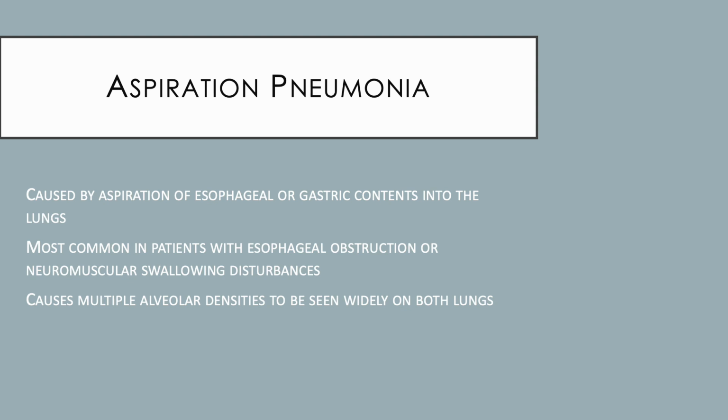Aspiration of esophageal material can occur in patients with esophageal obstruction, such as tumors, strictures, achalasia, Zenker's diverticulum, or neuromuscular swallowing disturbances. Both types of aspiration can cause multiple alveolar densities to be seen widely on both lungs.